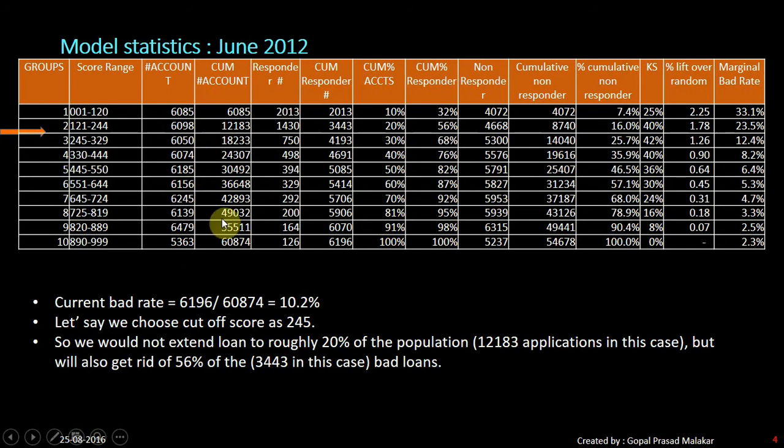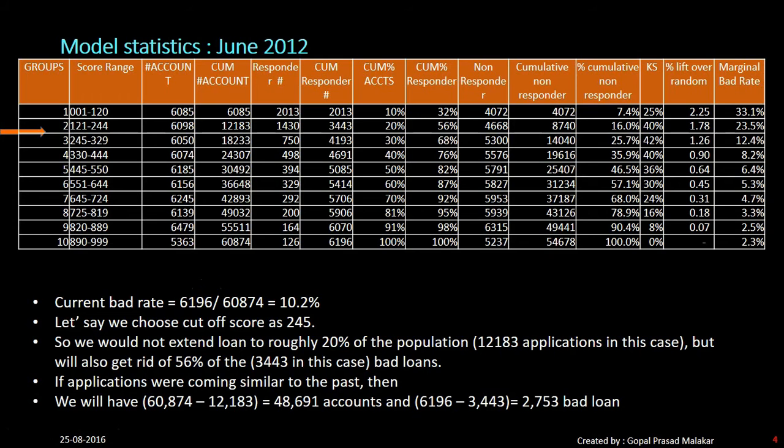And whatever you are approving, which will be the population from here to here, or I should say 60,874 minus 12,183, if you assume that everything in the future will remain very much like this and you will get a population very much like this, with a population like this in each score band, you will have 48,691 accounts, 60,874 minus 12,183, and you will have 6,196 minus 3,443, that is 2,753 bad loans.